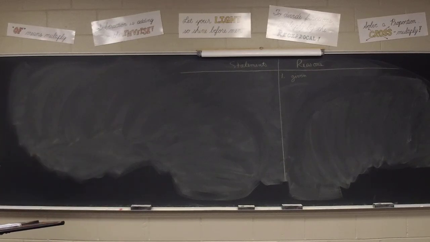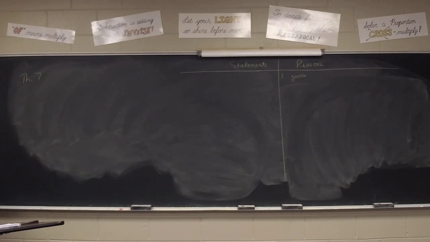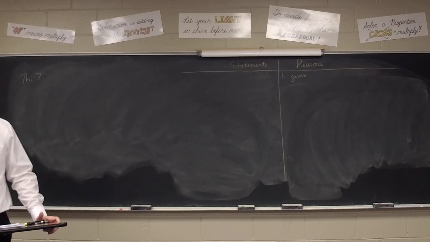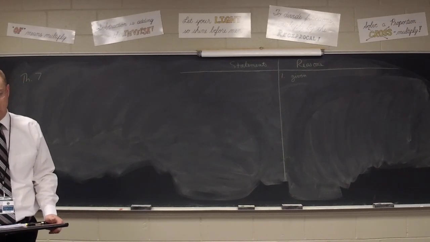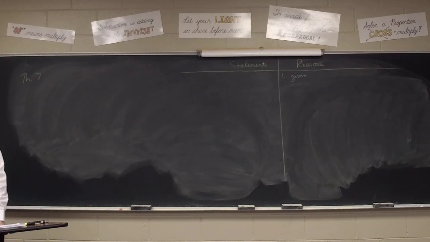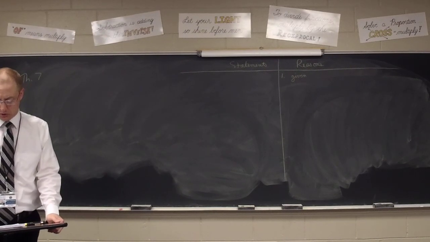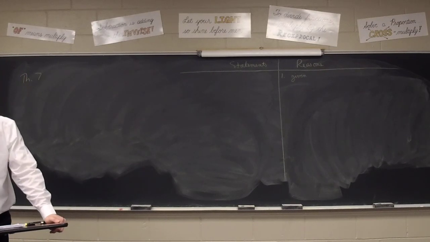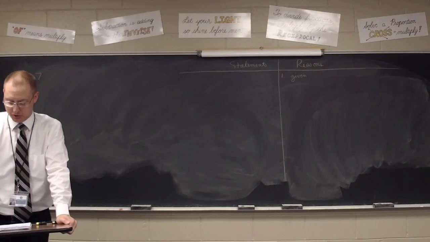All right, Theorem 7 in your notebooks. Theorem 7 says this: if, when two straight lines are cut by a transversal, a pair of alternate interior angles are equal, there's all kinds of little subordinating things here.